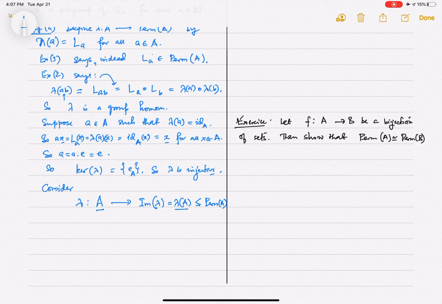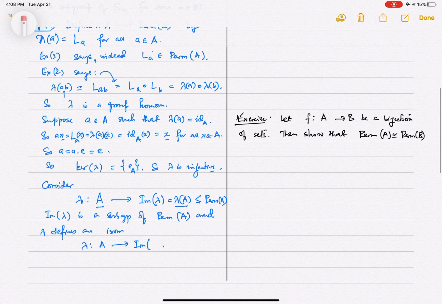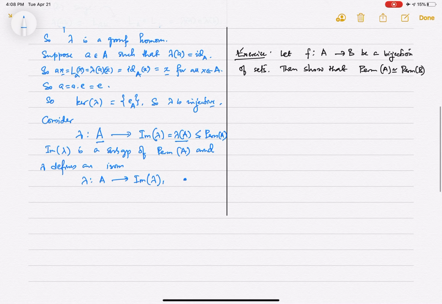So the image of lambda is a subgroup of perm A, and lambda defines an isomorphism from A to this guy. So A is isomorphic to a subgroup of perm A. That's part A, and part B now follows immediately using this exercise.